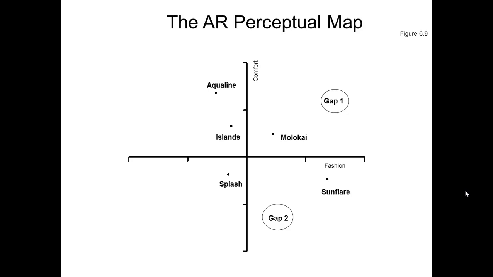So the AR, or attribute rating, is plotted on a chart. And they're looking at what we just talked about before, the comfort, which is the higher level, and fashion. So if it's high fashion, it would be to the right. If it's high comfort, it would be to the top. And there's two different gaps right there, gap 1 and gap 2. Just another way of plotting information.